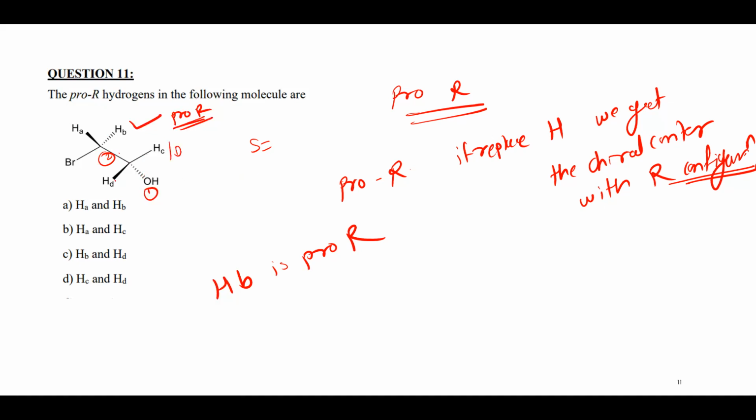See, the hydrogen is on the upper side, so we need to invert the configuration, right? Just keep in mind 1, 2, 3. Here it's R, that is clockwise, which changes to S, right? So if you replace this hydrogen HC, we'll get the compound with the S configuration. We need R for pro-R. So this is definitely the pro-S, and HD is pro-R.